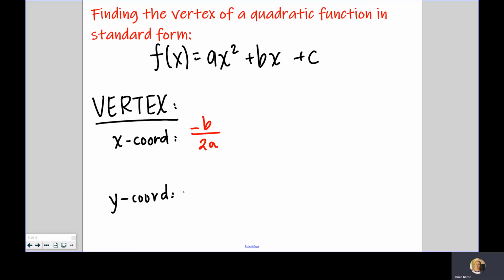The y coordinate of the vertex can be found by plugging in. So just plug the x coordinate into your function.